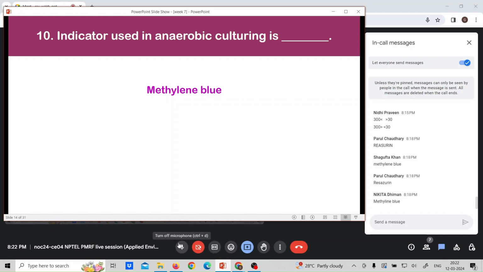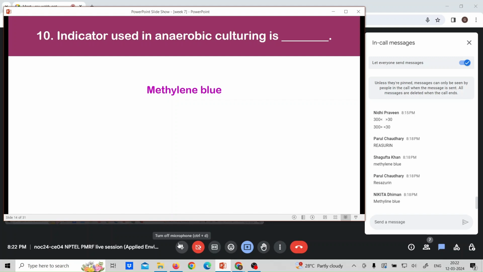Also, resazurin is a pink color indicator again. That is also used to confirm whether it's in the aerobic state or in the anaerobic state. So you can use both of it, but very basically you use methylene blue.